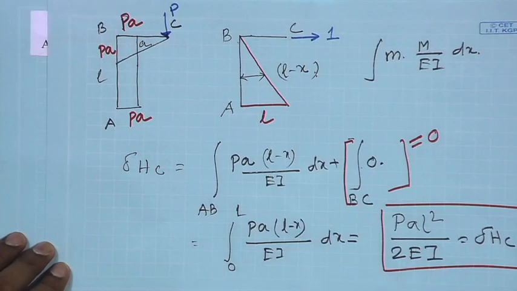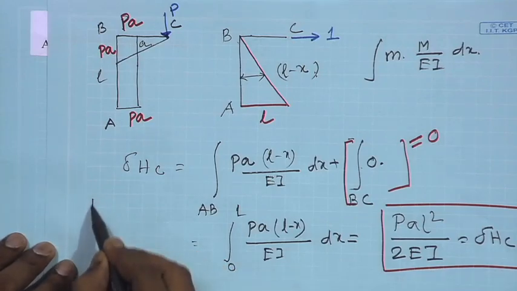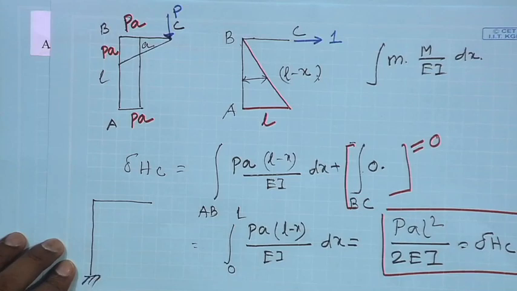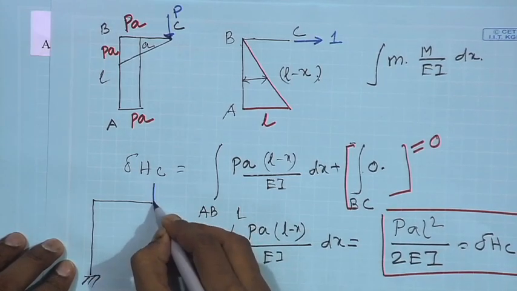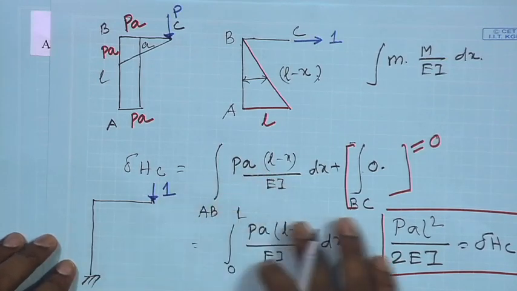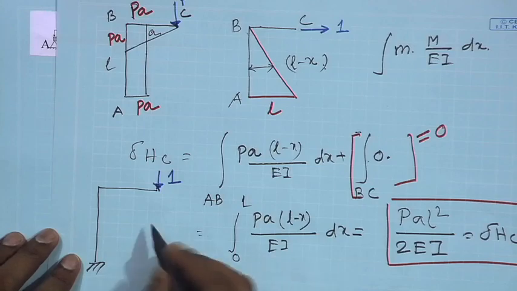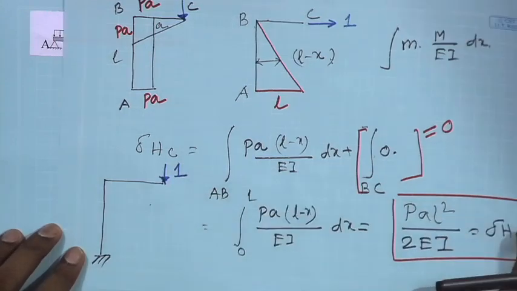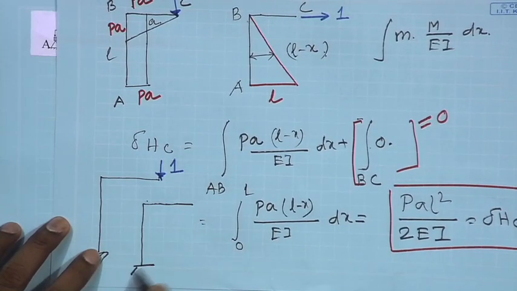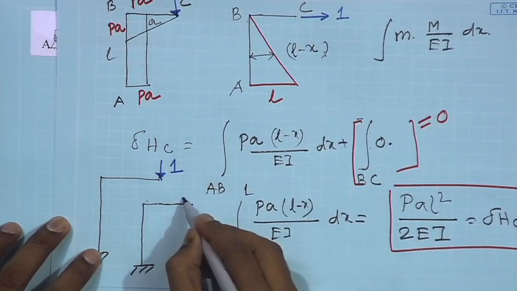Now, if we have to find out the vertical displacement, then unit load needs to be applied like this. And if we want to find out the rotation here, then instead of unit load, it will be unit moment.